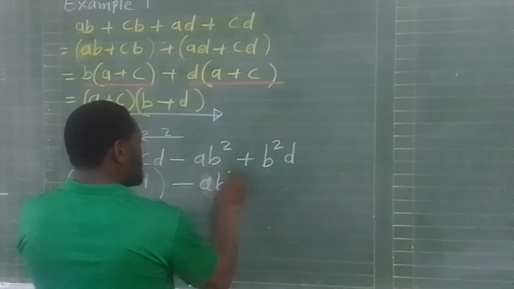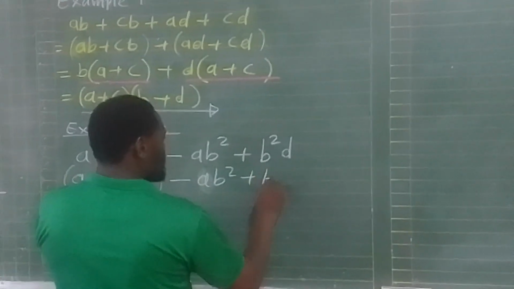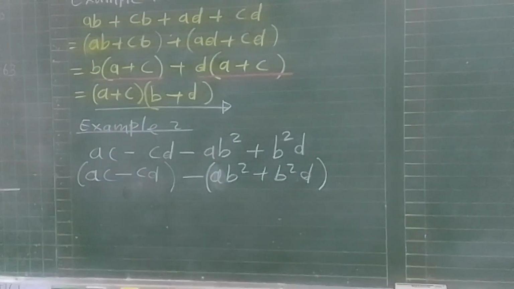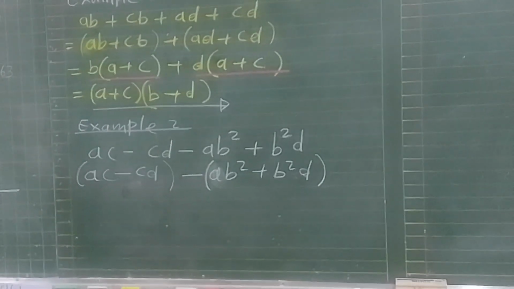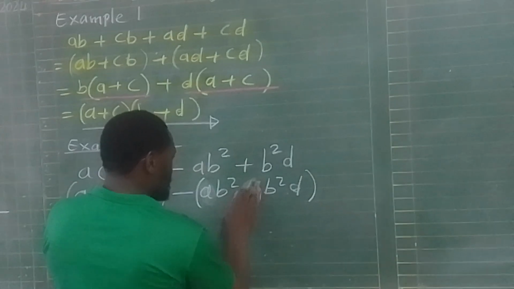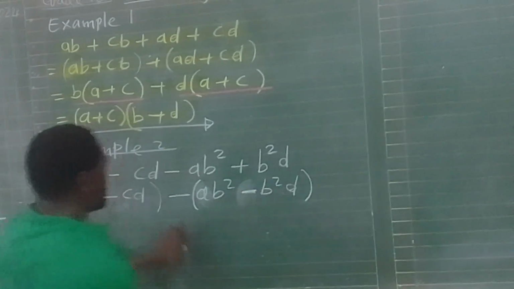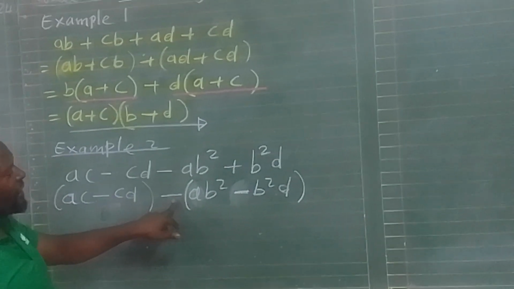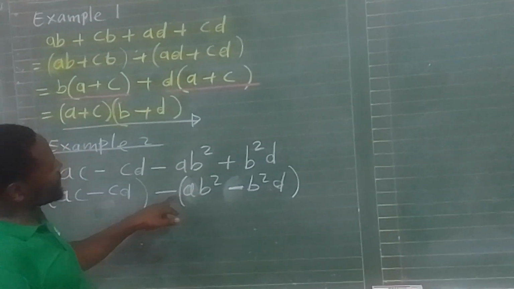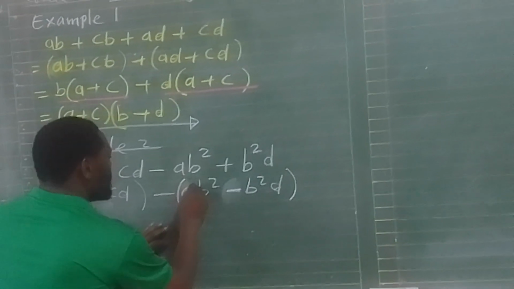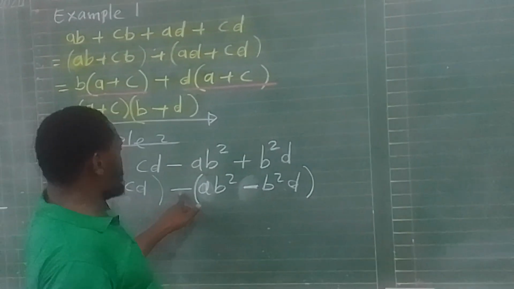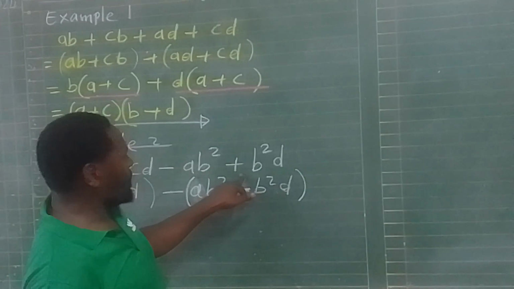It's AB squared plus B squared D. This is minus. I have taken out the common factor of minus 1. Negative times positive AB squared is going to be negative AB squared. A negative times a negative is going to be positive.